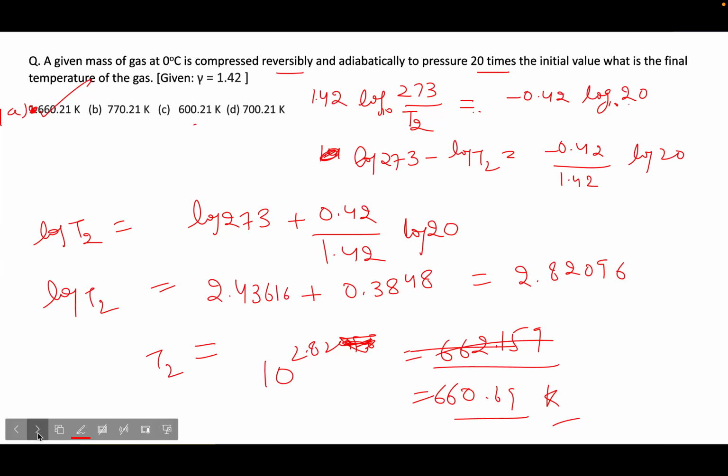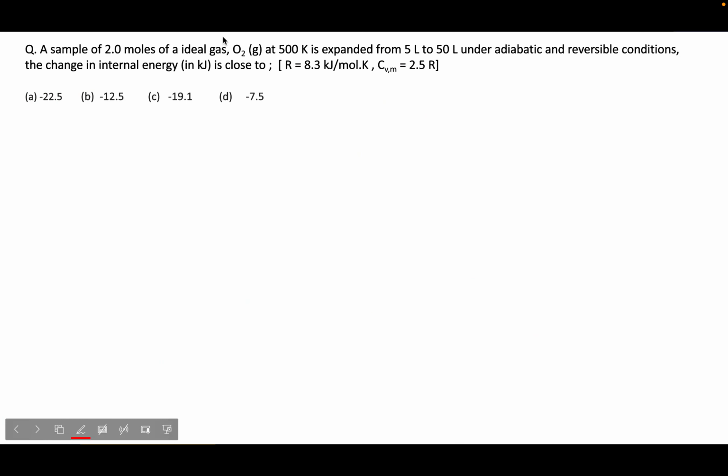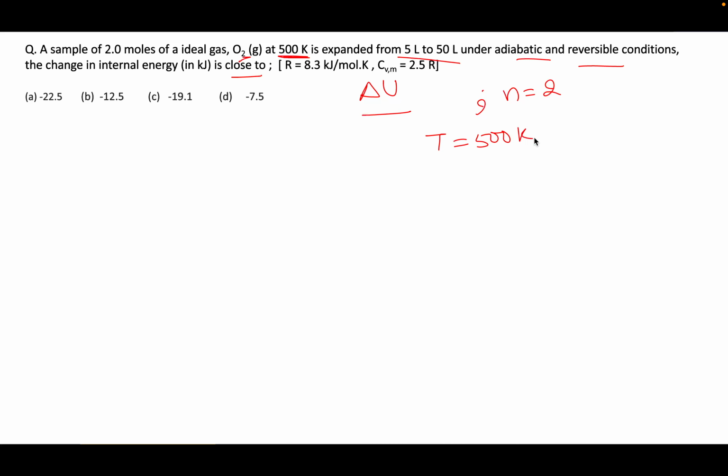Now the next question: a sample of 2 moles of an ideal gas O2 at 500 Kelvin is expanded from 5 liter to 50 liter under adiabatic and reversible condition. The change in internal energy is close to. So we need to calculate the change in internal energy, that is delta U. Number of moles is 2, and temperature is given, 500 Kelvin.